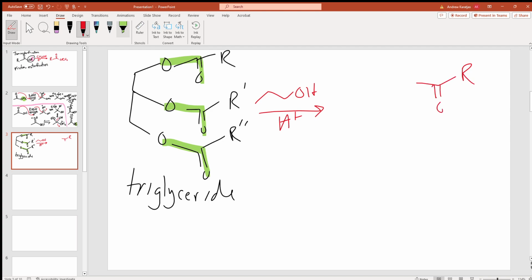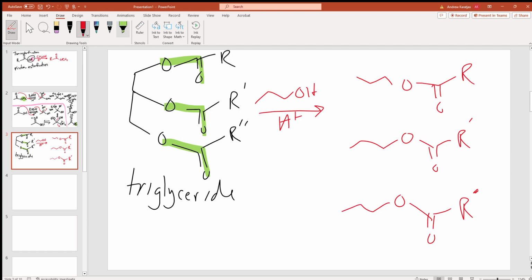Again, adding an abundance of that alcohol, we can actually break this apart. It's not a hydrolysis because we're not making carboxylic acids. It's still a transesterification. It's just now we've made three separate ester molecules instead of one ester where they're all put together.